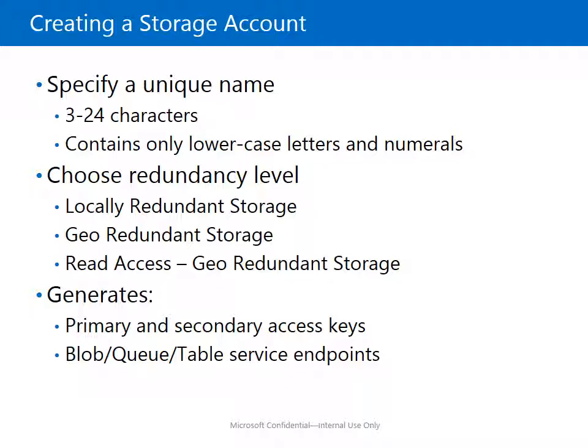The fourth option that's not actually displayed on the slide is zone redundant storage, which stores 3 copies of data, but in this case data is replicated 3 times across 2 or 3 facilities, either within a single region or across 2 regions. So that's a bit of a step up from the resiliency level offered by locally redundant storage.